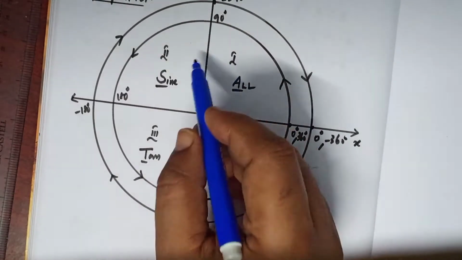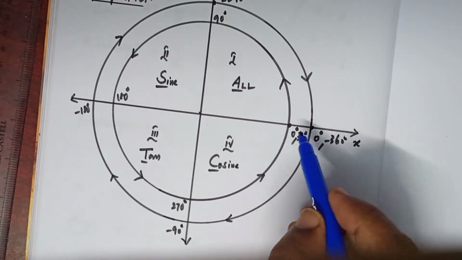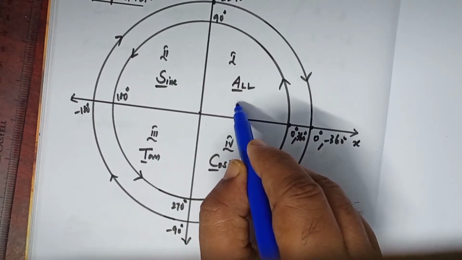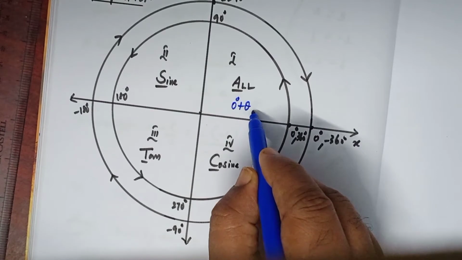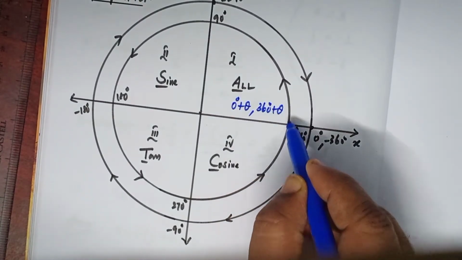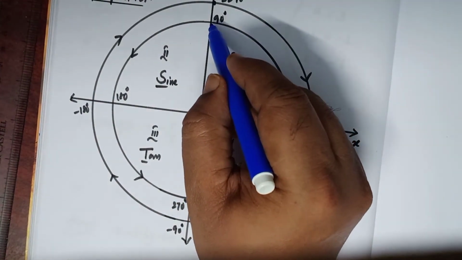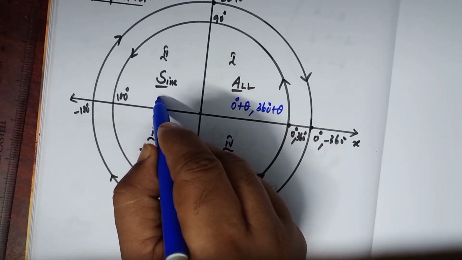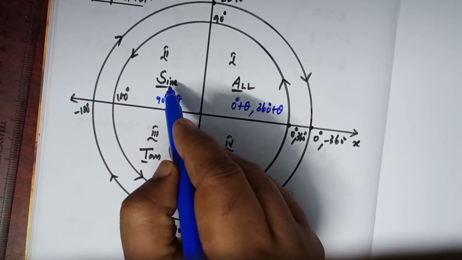Now we can take the angle in counterclockwise direction, that is anti-clockwise direction. Here 0 degree, this portion represents 0 degree plus theta, or we can say 360 degree plus theta, in first quadrant. Here 90 degree, so this portion 90 degree plus theta.